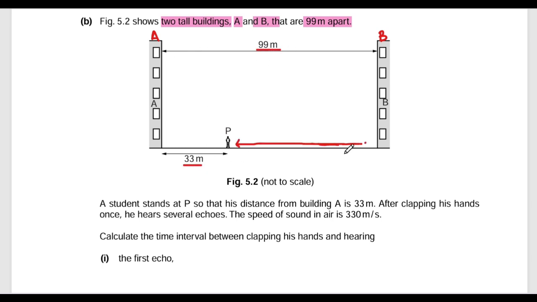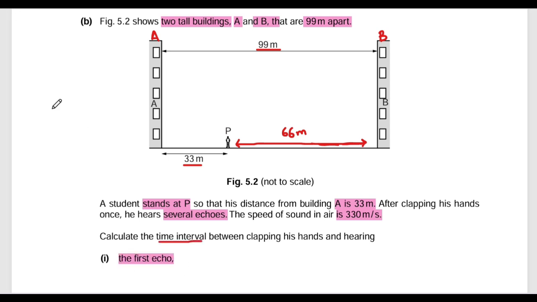There is a person who is 33 meters away from building A and 66 meters away from building B. A student stands at P so that the distance from building A is 33 meters. After clapping his hand once, he heard several echoes. The speed of the sound is 330 meter per second. Calculate the time interval between clapping his hands and hearing the first echo.